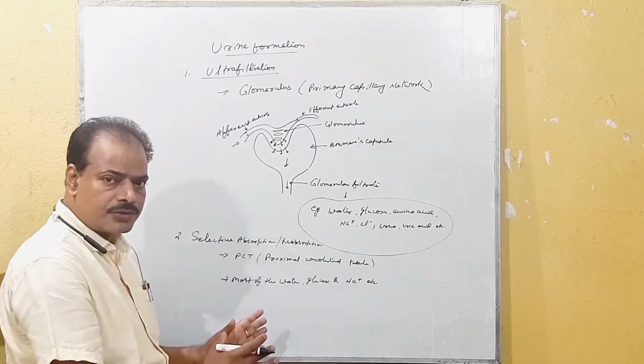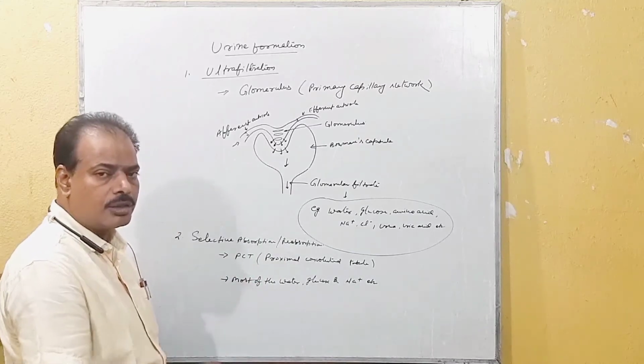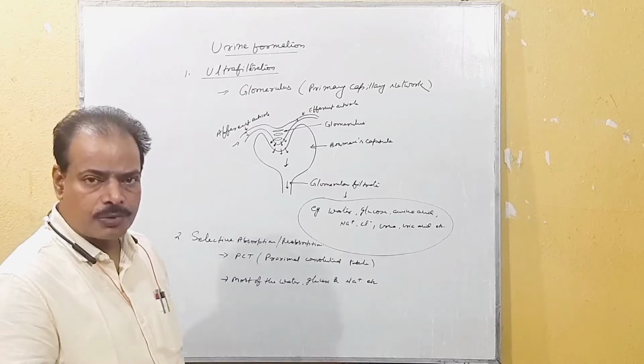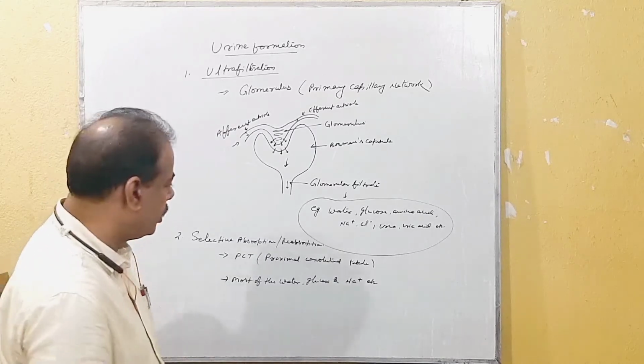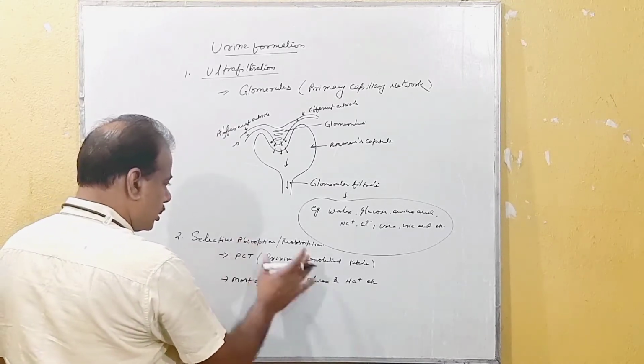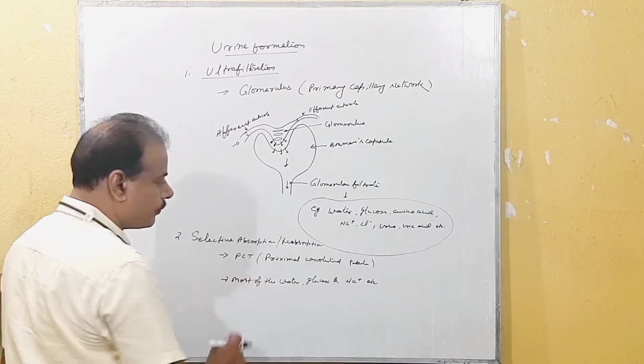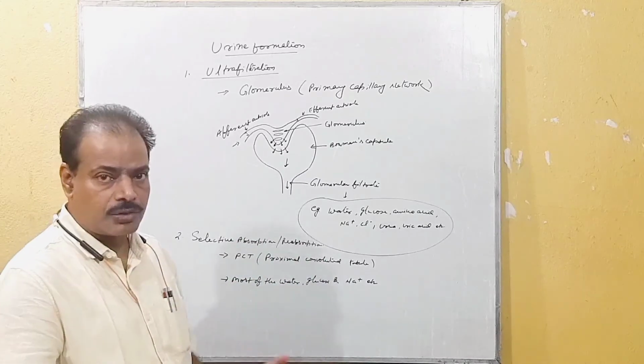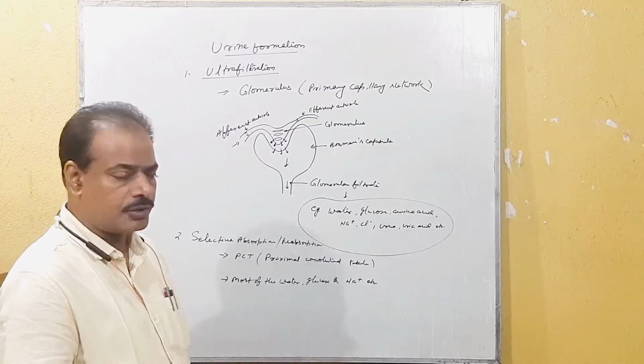So only selected substances are absorbed by the wall of the PCT, or proximal convoluted tubule. This is the process in which only useful substances, not the harmful substances, are absorbed.